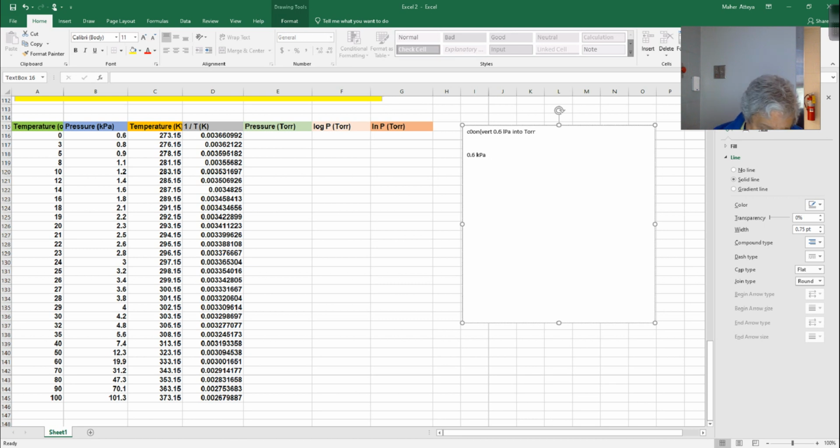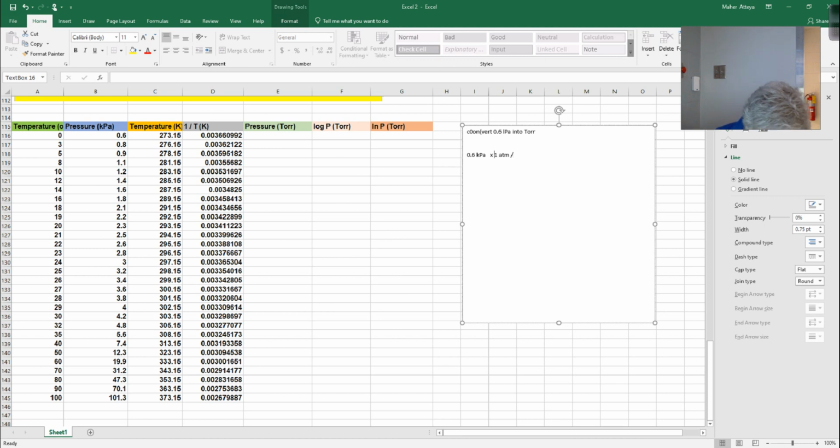So I will say multiply by 1 atmospheric pressure, 1 ATM, correct, divided by, and I can put this one here in parentheses, by the way, guys.